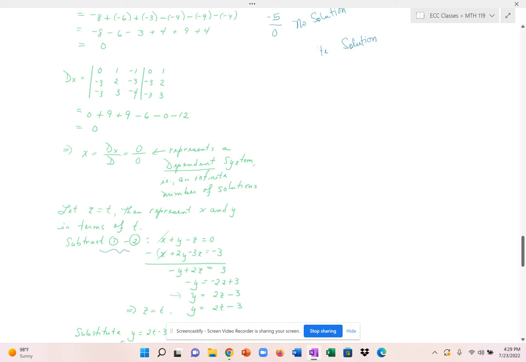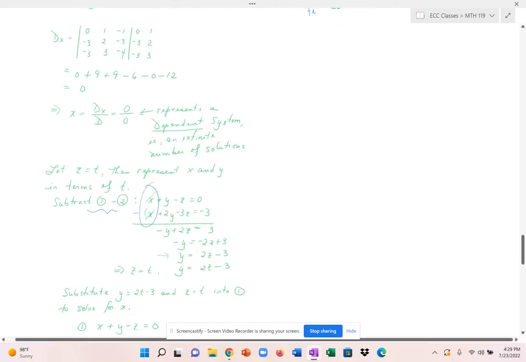So when I subtract equation 1 and 2, the x's will cancel, and I'm going to be left with negative y plus 2z equals 3. Subtract 2z over to the right, and then divide everything by negative 1, you get that y is equal to 2z minus 3. But z is equal to t, so that means that y is equal to 2t minus 3.